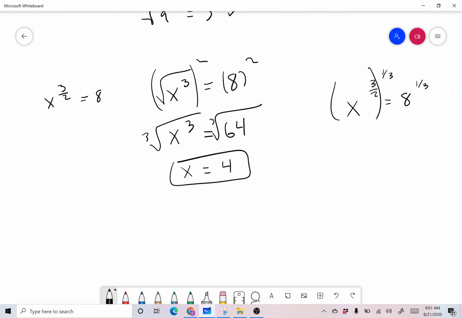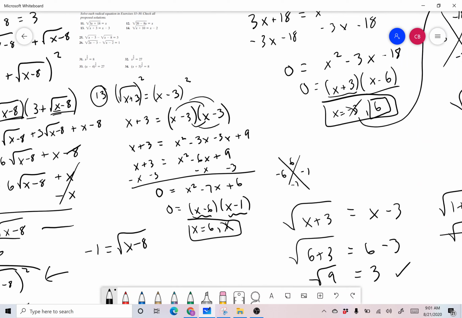And then that tells us x to the 1/2 is equal to the 3rd root of 8, which is x to the 1/2 is equal to 2. And then I could square this, and I still get the same answer. So it's usually easier if you shrink the number first, because then you don't get these insanely large numbers later and have to deal with them.